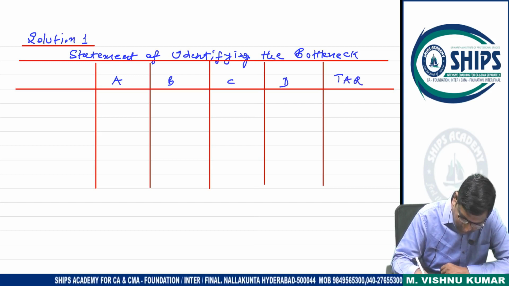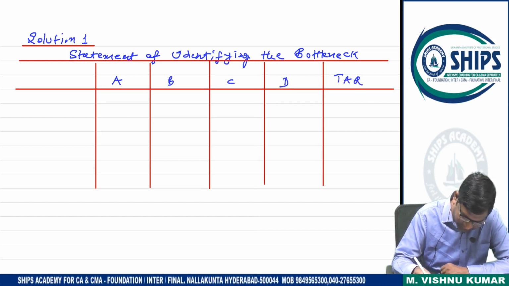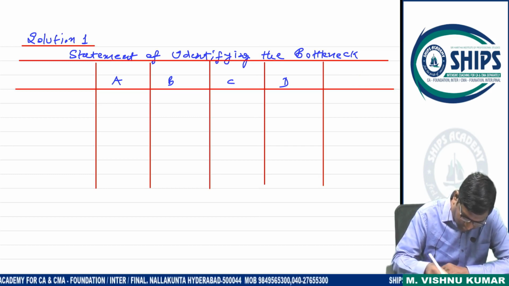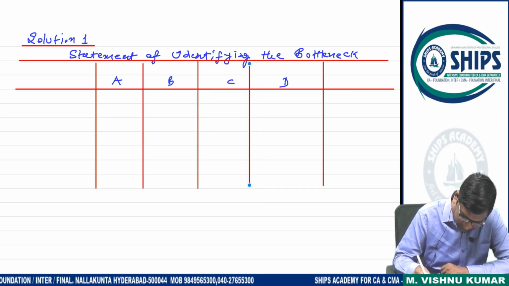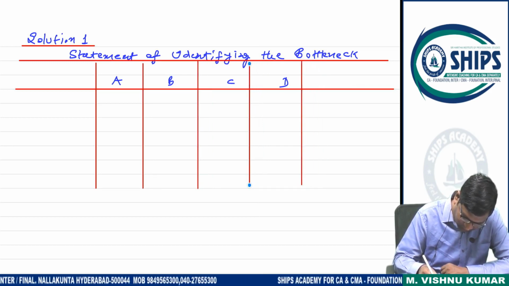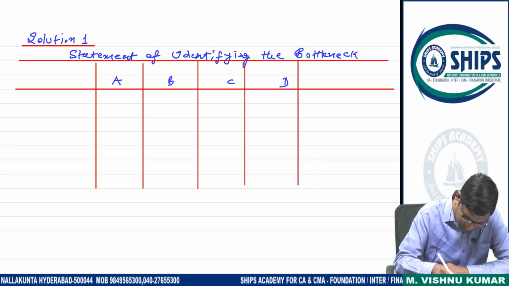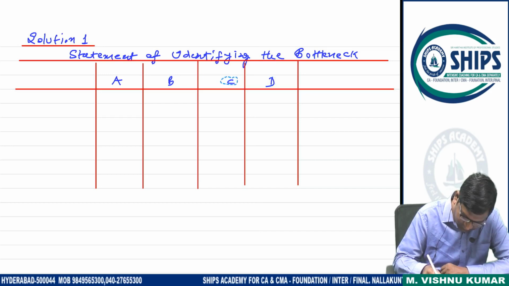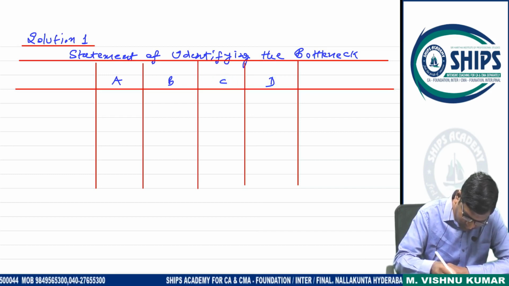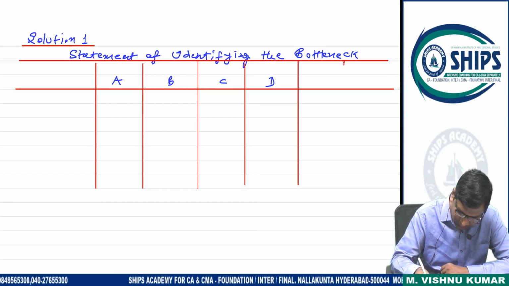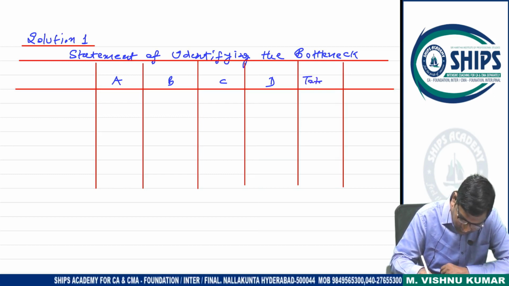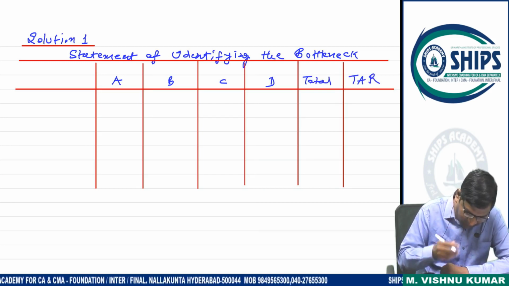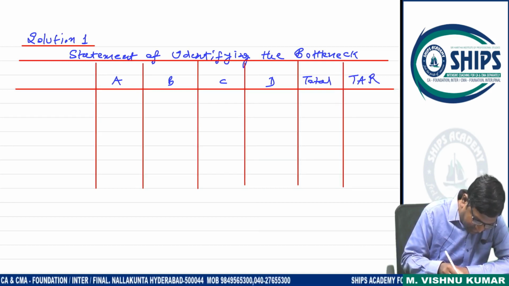This is throughput accounting ratio. One more column also I can add here. First is machine 1.